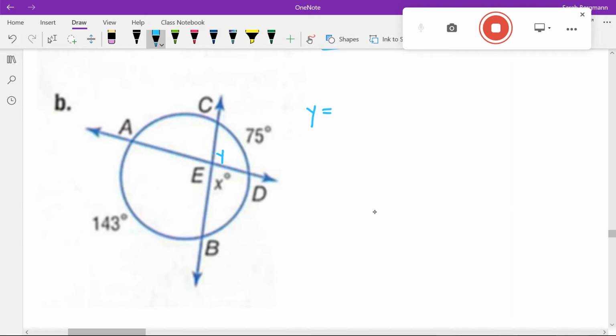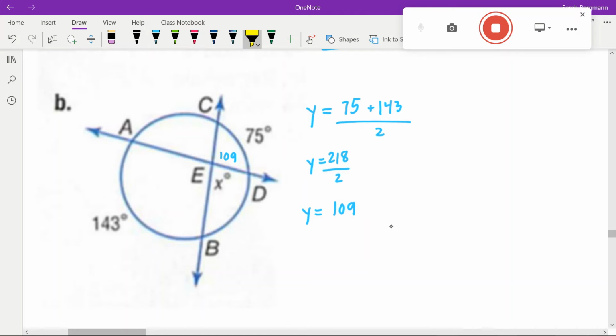We know that y would be the average of its arc and the arc measure of its vertical angle. So y is equal to (75 + 143) divided by 2. That gives us 218 divided by 2, so y is equal to 109. Remember, we weren't looking originally for y, but we just found that this angle here is 109.